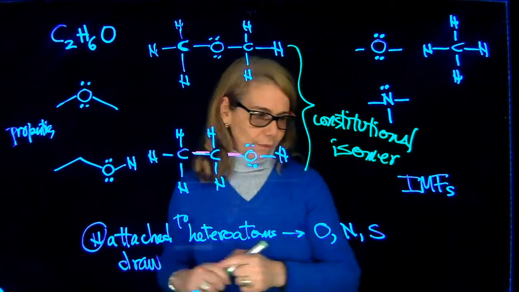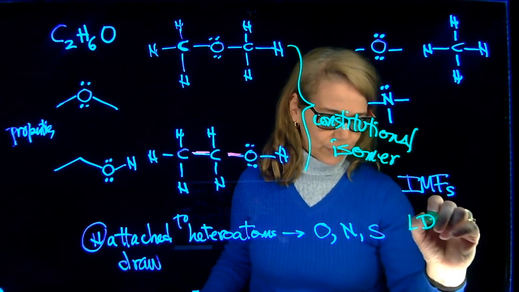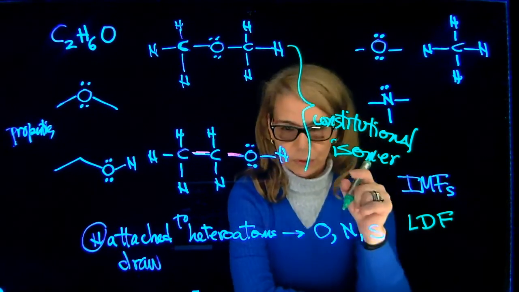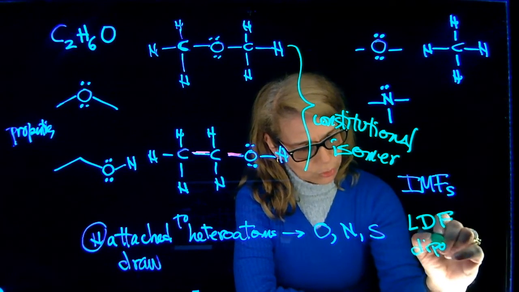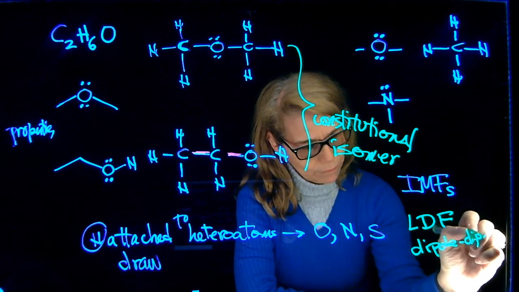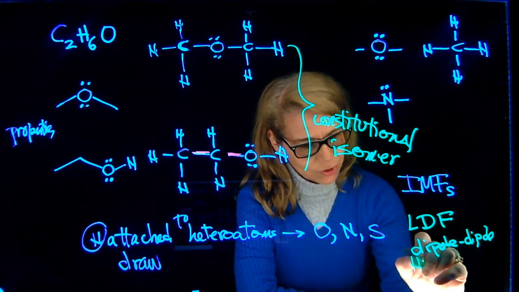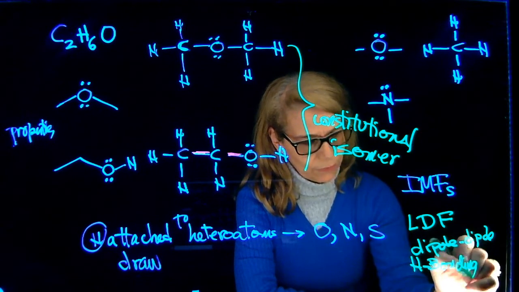We know that the weakest is the London dispersion forces, also known as van der Waals. Then we have other types of interactions, dipole. And then we have hydrogen bonding. So we learned about those interactions.